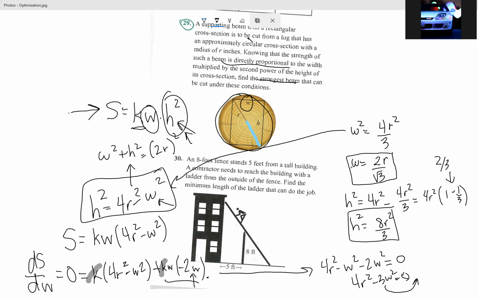Now, take W and H squared and plug them back into S. So S equals K times W, which is 2R over root 3, times H squared, which is 8R squared over 3.